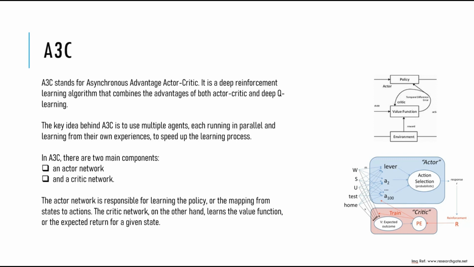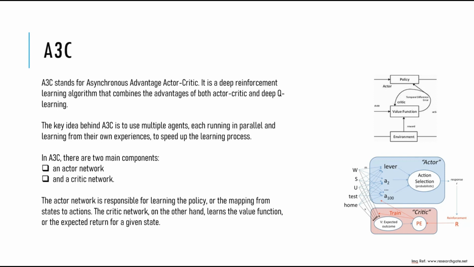The key difference between A3C and AC is that A3C introduces asynchronous training by allowing multiple agents to update the global network parameters in parallel, which speeds up the learning process as well. In contrast, actor critic typically trains a single agent on a single device. That's the main difference between AC and A3C.